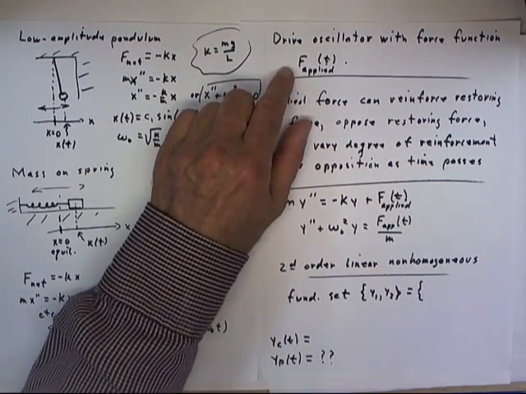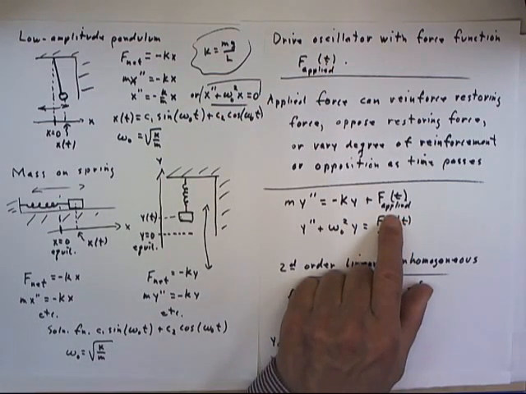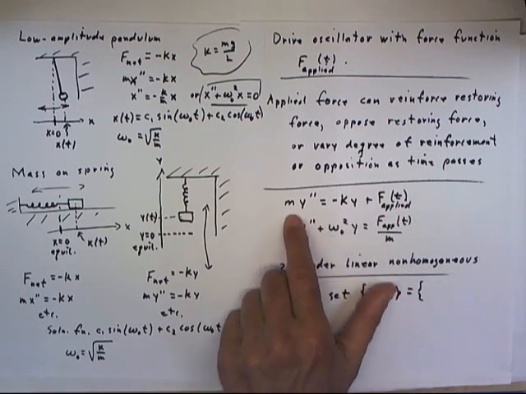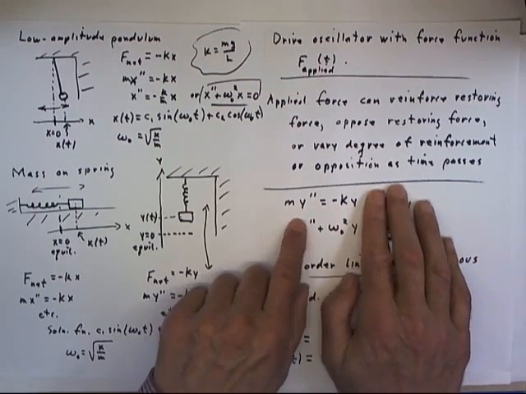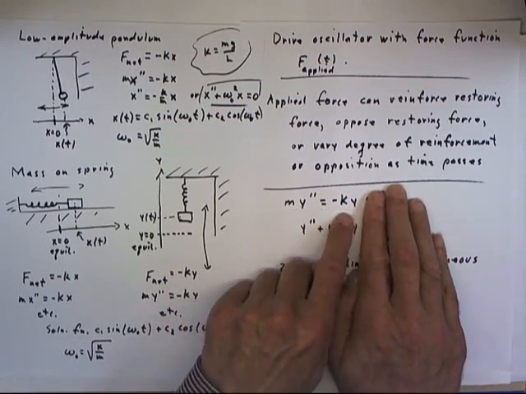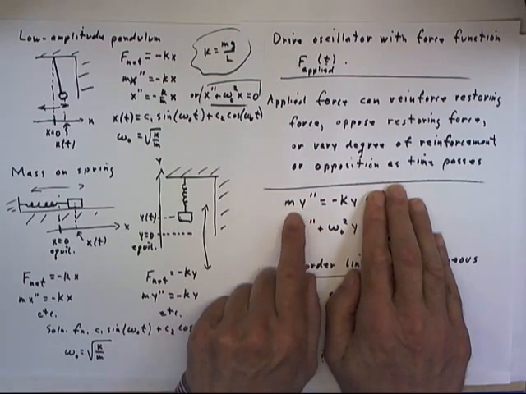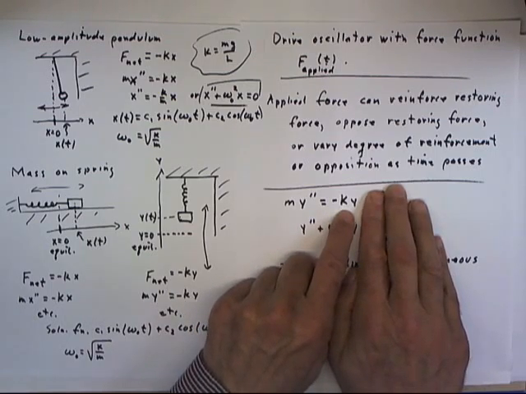So we're going to let F sub applied of t stand for whatever force it is we happen to be applying to the system. And our equation then is going to become my double prime equals negative ky. This is the net force, my double prime by Newton's second law, mass times acceleration. This is the restoring force, and that restoring force is always there.